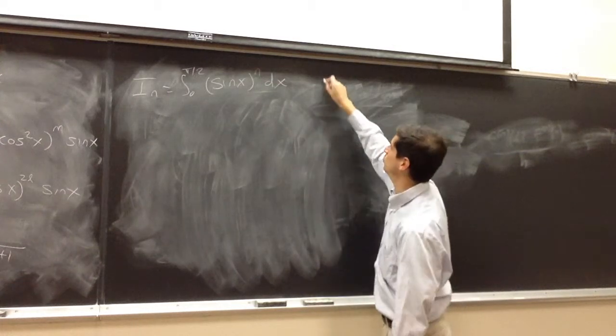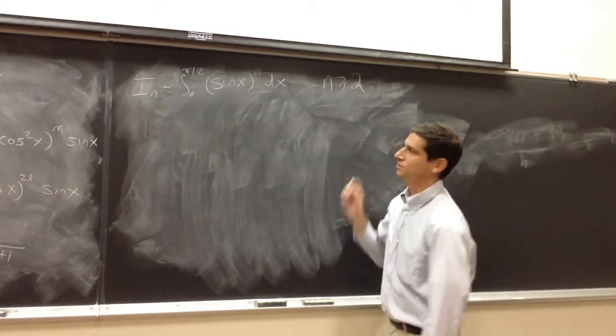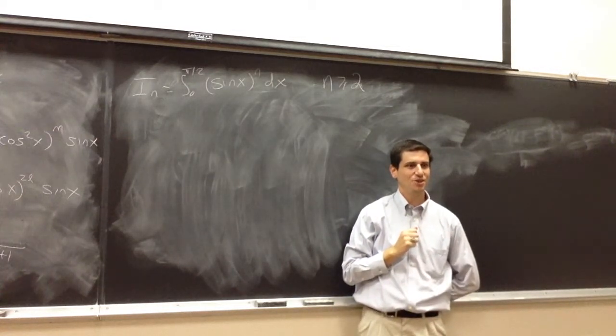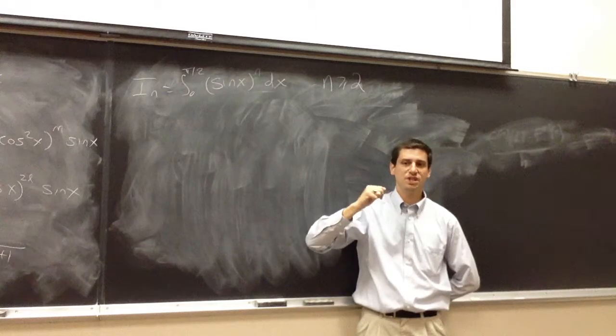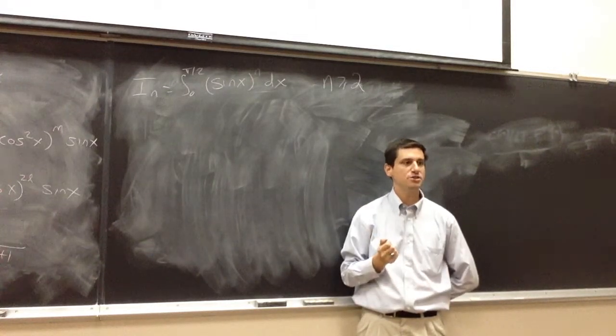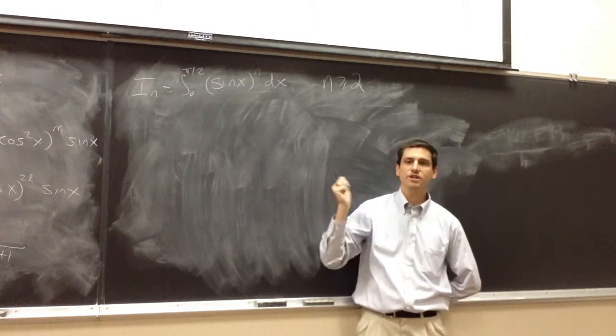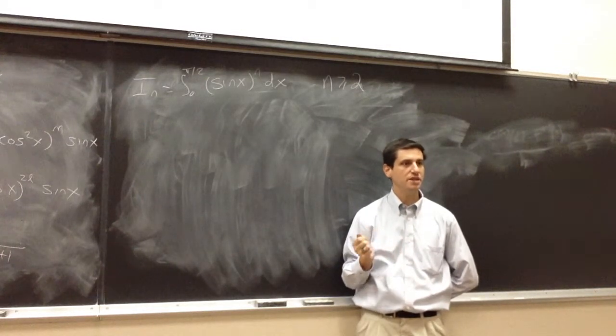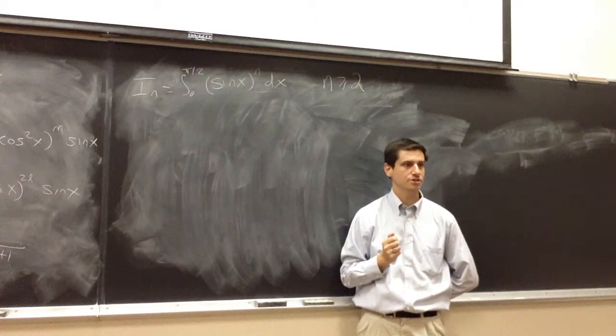N is huge. N is at least 2. I can handle n equals 0, n equals 1 directly. If I want, I could even handle n equals 2, which is not so bad. Let's assume n is large and try to sniff out a recurrence.